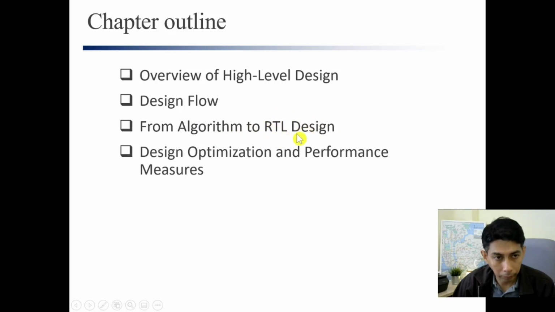And now we will learn how to design the digital system based on the algorithm, and we will translate that algorithm to RTL design and of course the digital circuit. And finally we will look at the design optimization. We will optimize the speed, we will optimize the size of the circuit, and also the power consumption, and we will learn how to measure the performance of our design.